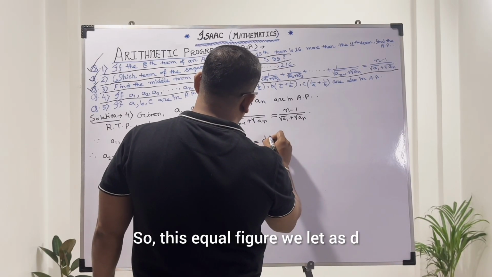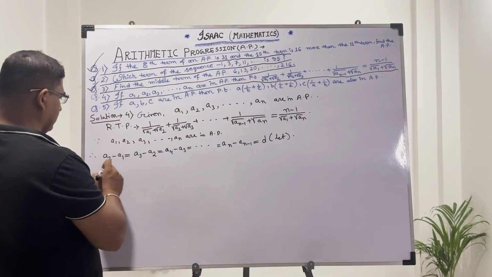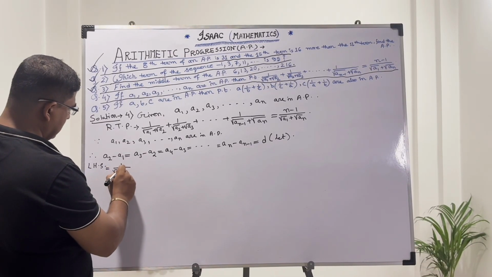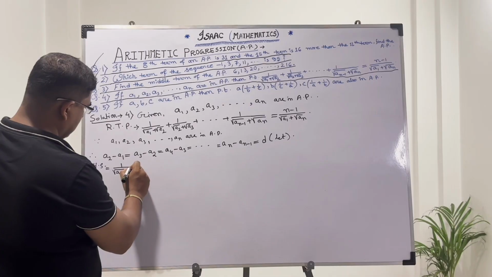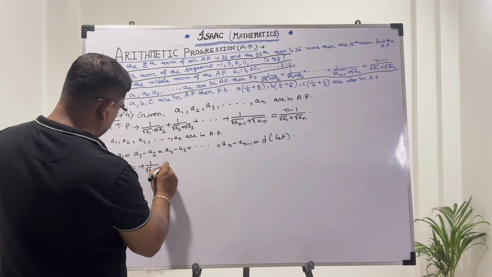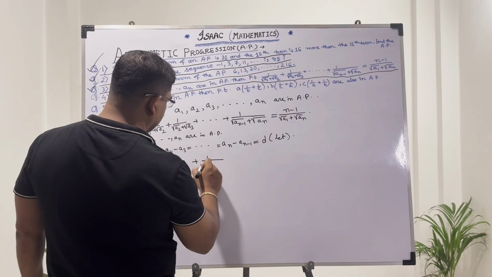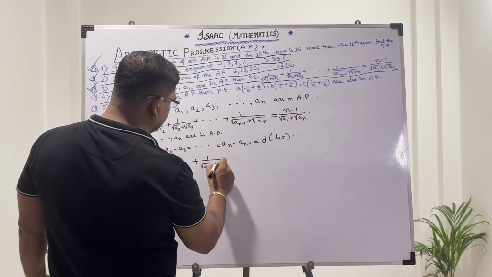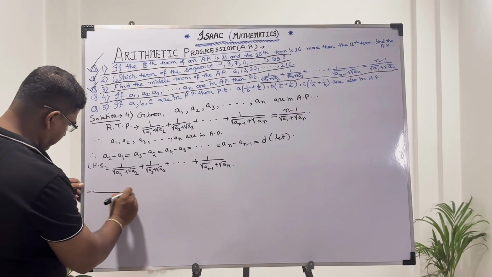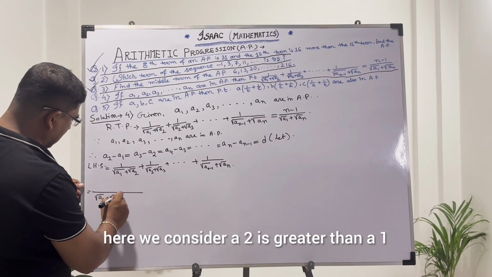This equal figure we let as D. So LHS becomes... here we consider A2 is greater than A1.